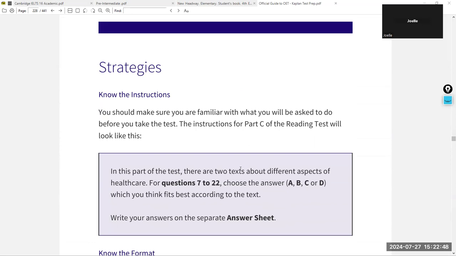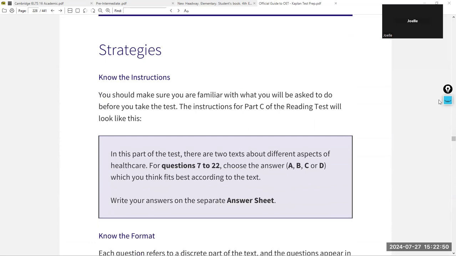Now, what are the strategies that I have to know just to be able to answer all part C correctly? Now, absolutely, I have to read the instructions carefully. So we have to make sure about the instructions and about the types of the questions that I will encounter. So the instructions are going to be like, in this part of the test, there are two long passages or texts about different aspects of healthcare.